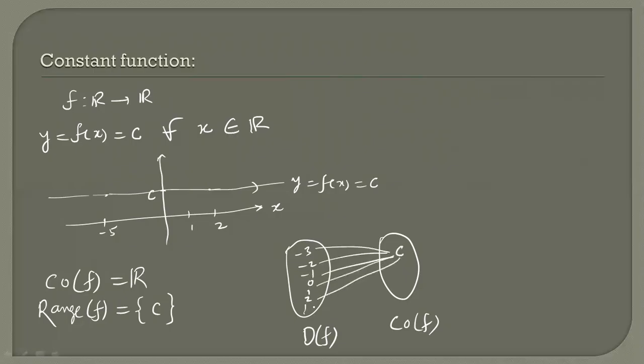The other entries 0, 1, 2, 3 remain unused. So in this case, the range is only one element because all the elements are mapped to c. So this is the graph of the constant function.